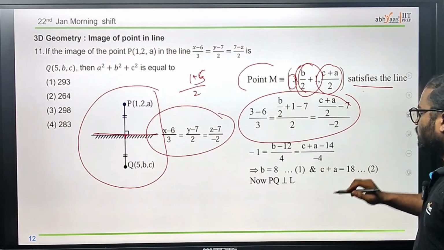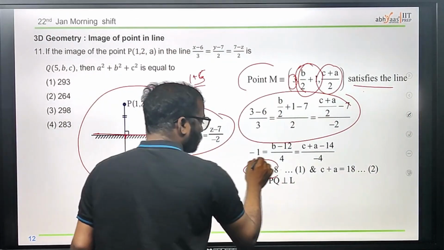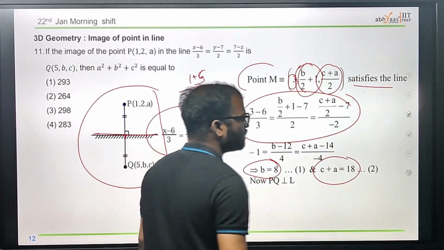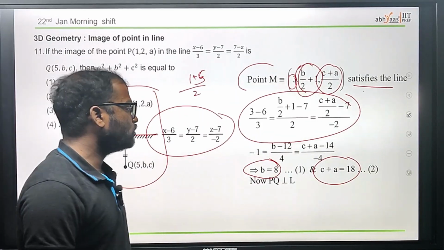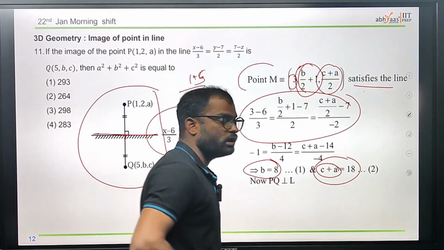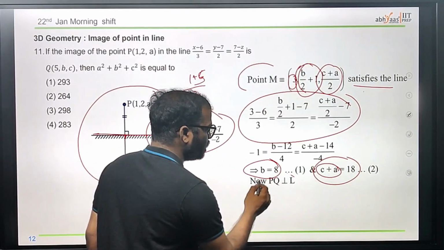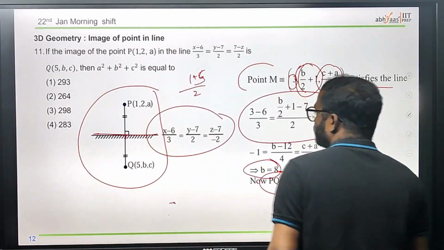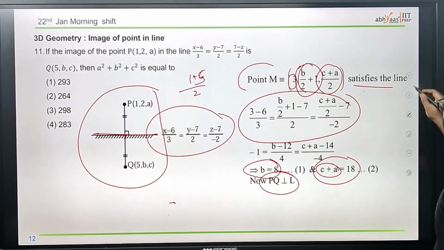We will get one value, b equal to 8, take it as equation 1, and we will get c plus a is equal to 18. Now we already got the b value and we need to find c plus a. In order to find this, we know PQ is perpendicular to this line. Whenever it is perpendicular, the dot product will be 0.